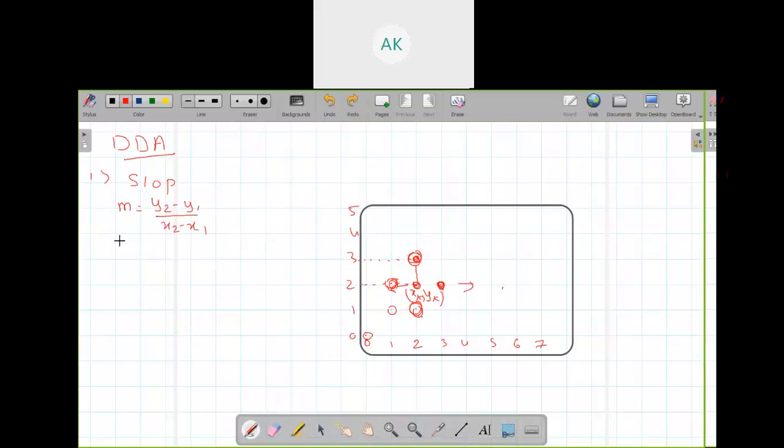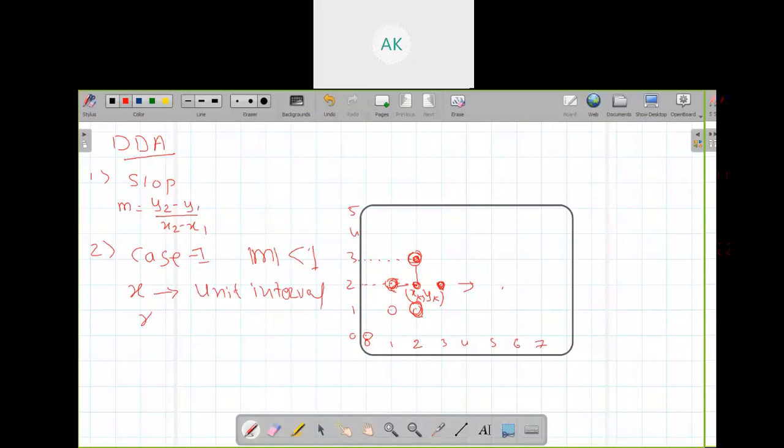After calculating the slope, we define some cases. Case 1 says: when the magnitude of m is less than 1, it may be negative, then your x direction moves in unit interval.